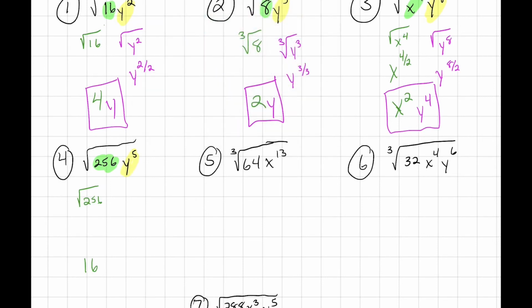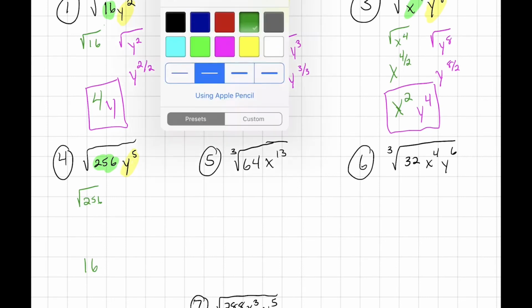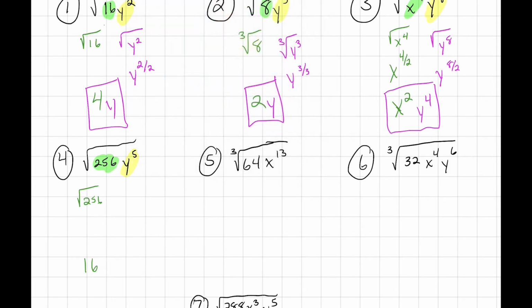Well, we've encountered this before, and if we remember, whenever I have the square root of y to the 5th, I have to break it down into 2 parts. One part that's divisible by 2, one part with everything that's left over. So that gives me y to the 4th power and y.